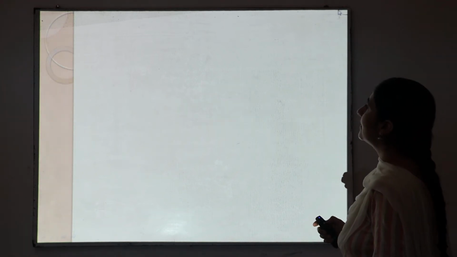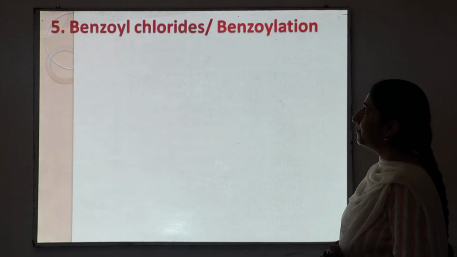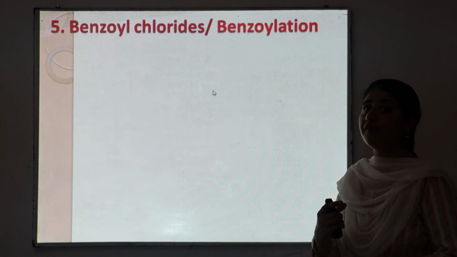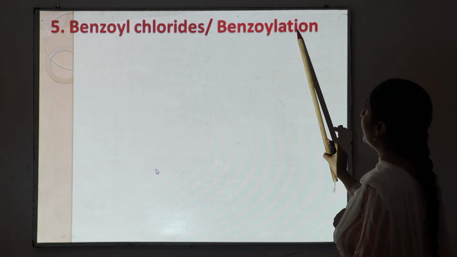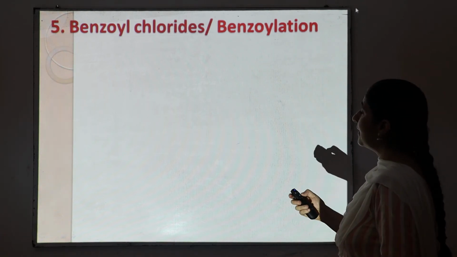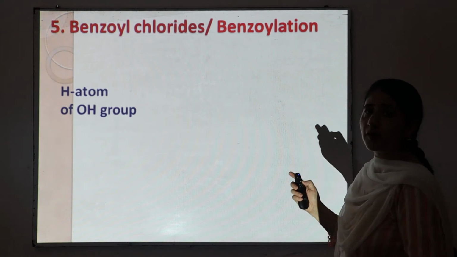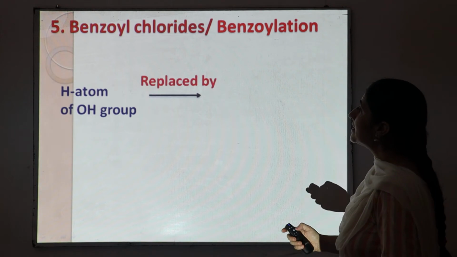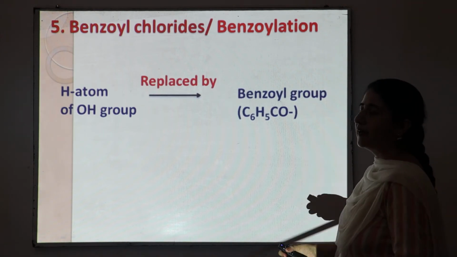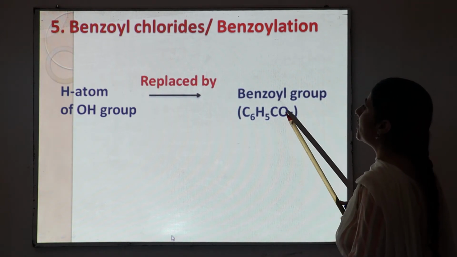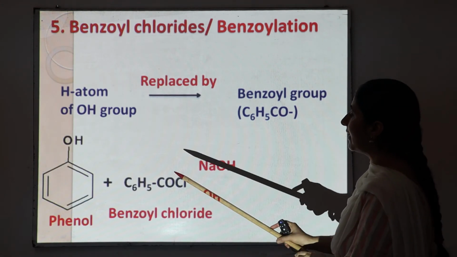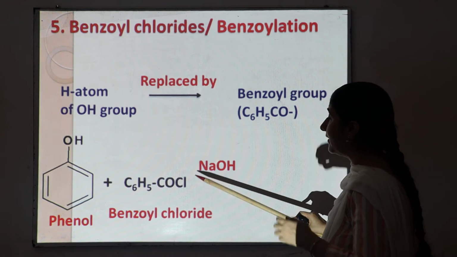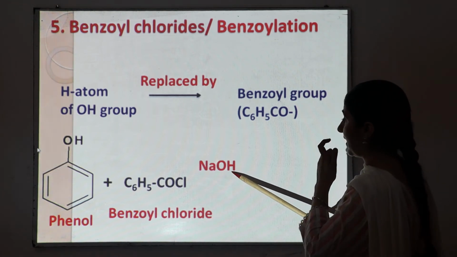Next is benzoylation, or the reaction of phenol with benzoyl chloride. As the name indicates, benzoylation means the hydrogen atom of the OH group is replaced by a benzoyl group, C6H5CO. Here we have a phenol reacting with benzoyl chloride in the presence of sodium hydroxide.